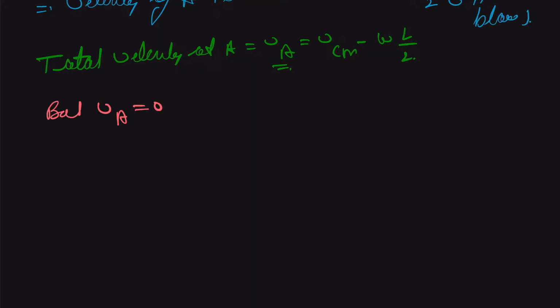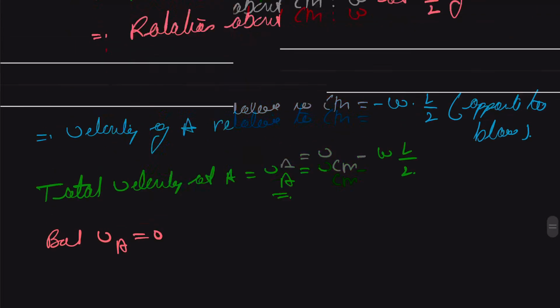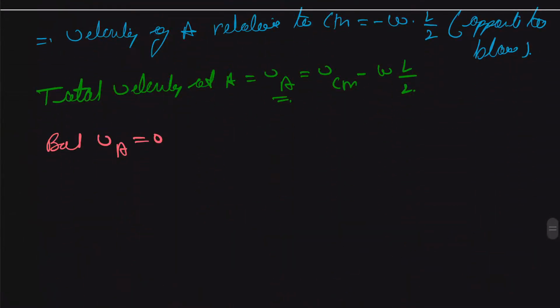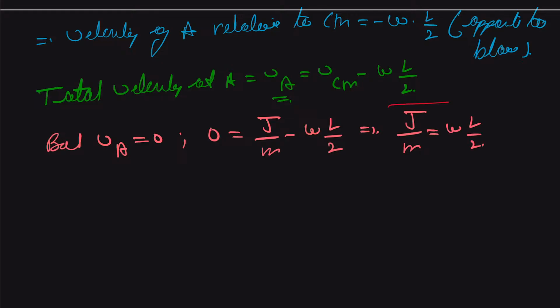Therefore, we can write VCM, which we just calculated as J upon M, so we substitute here, and we get 0 is equal to J upon M minus omega L by 2. So this gives us J upon M is equal to omega L by 2, and let us call this equation number 2.